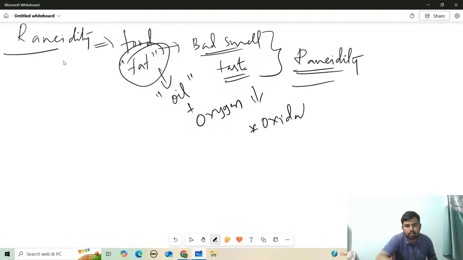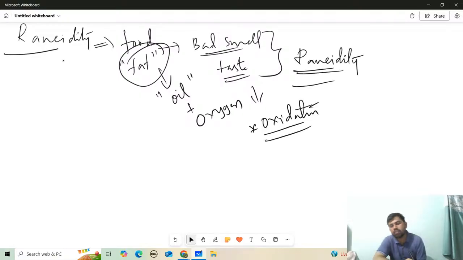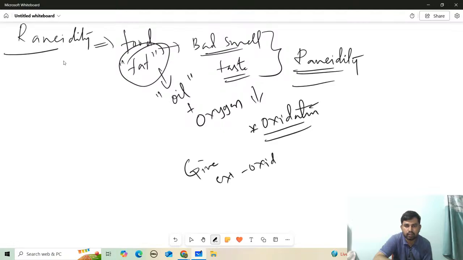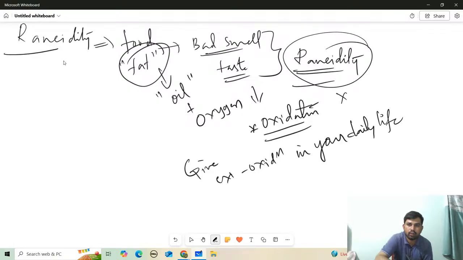Sometimes in the examination they will ask, give an example of oxidation in your daily life. You can give an example like rancidity. They can also give one more example, corrosion.